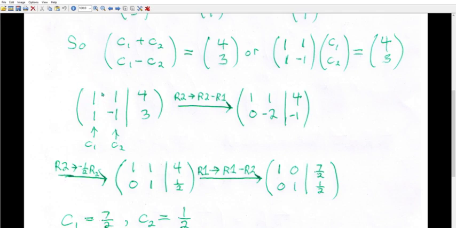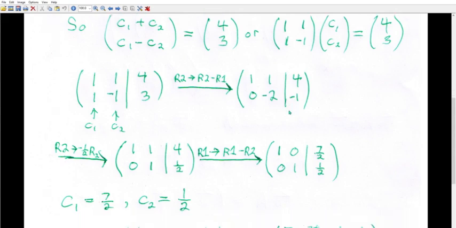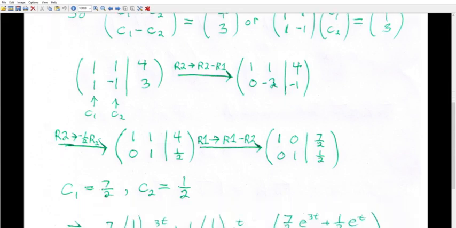We've got a leading 1 in the first position, so we're just going to subtract the first row from the second row. 0, -2, -1 ends up being the second row. Now we want a 1 here, so we divide by -2, and we get 0, 1, 1/2.